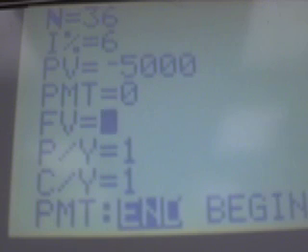We are almost ready. The next two items on the list are P/Y and C/Y. These stand respectively for number of payments per year and number of compounding periods per year. When you fill in the P/Y value, the calculator automatically puts the same number in C/Y, which is usually the same.